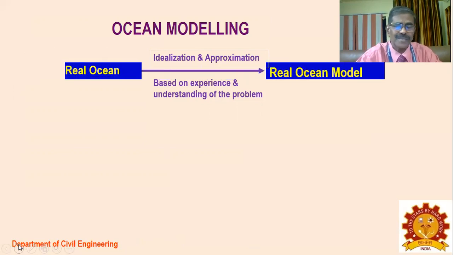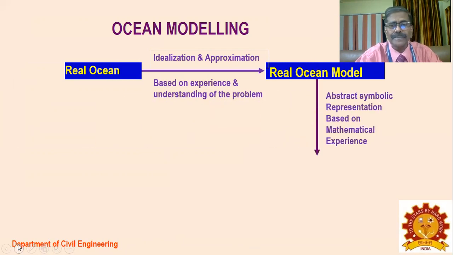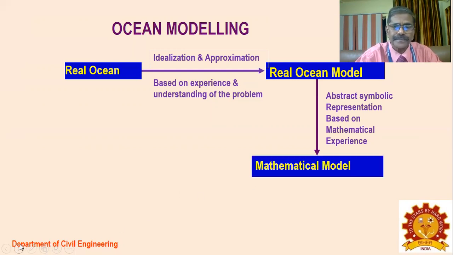That is based on your experience, the ocean parameters can be changed and you get the real ocean model. Then you can make an abstract symbolic representation based on mathematical experience. So some of the unwanted or less important things can be stripped off, and symbolic representation based on mathematical experience, we can possibly deduce. You arrive at a mathematical model.